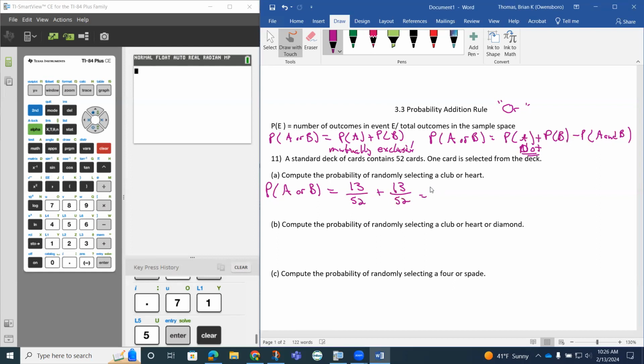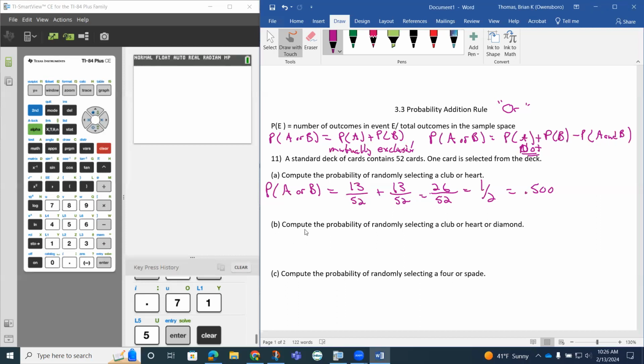So in other words, we have 26 choices out of 52, half of the deck is club or heart. So that's a 50% chance, or 0.50, 0.500 if you go 3 decimal places. That should make sense in terms of probability. Again, you could also do all that on a calculator.